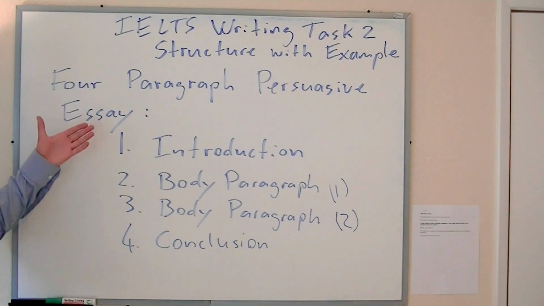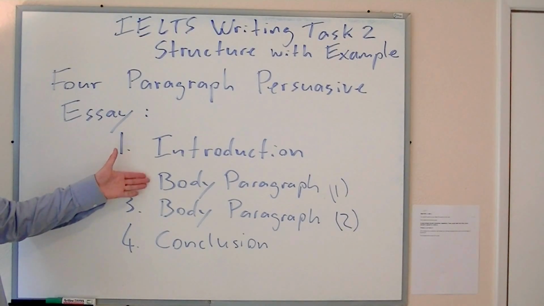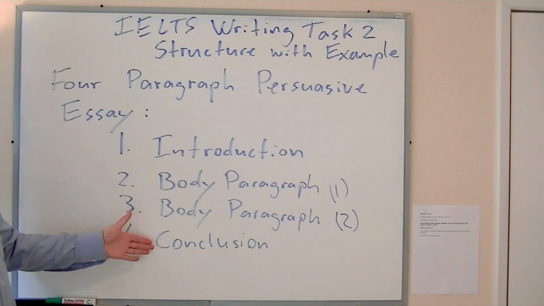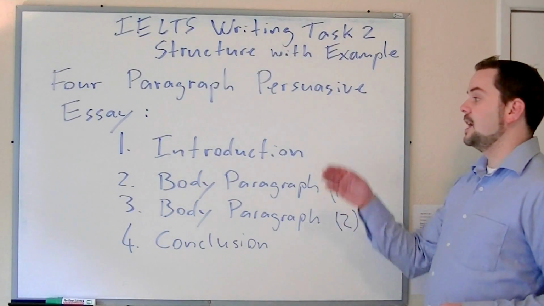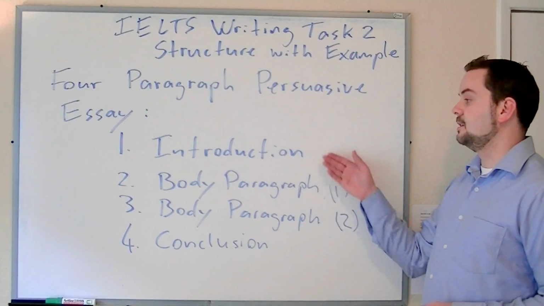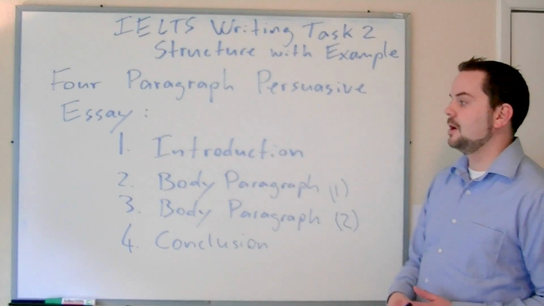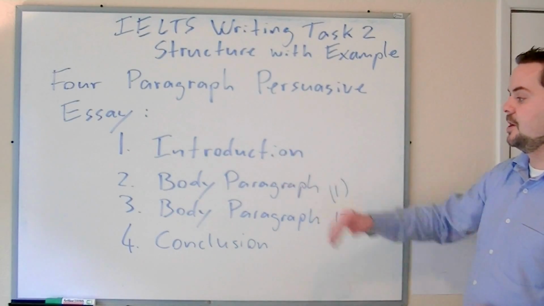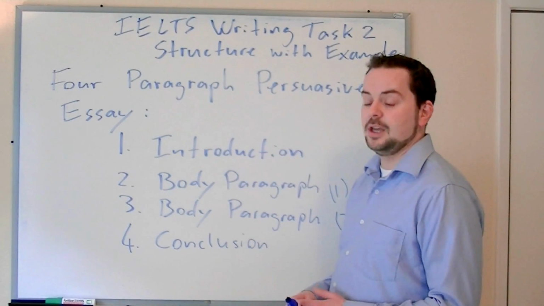Okay, so just remember, you should be thinking introduction paragraph, body paragraph 1, body paragraph 2, and conclusion. Alright, now we're going to look at each of these paragraphs individually, and I will describe each part of the introduction paragraph, the body paragraph 1, 2, and the conclusion. So let's start with the introduction.